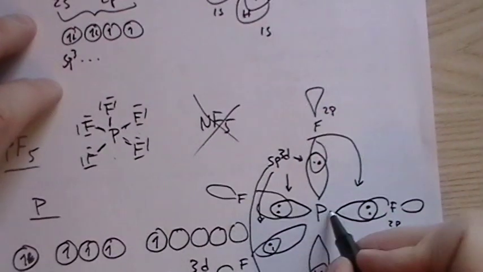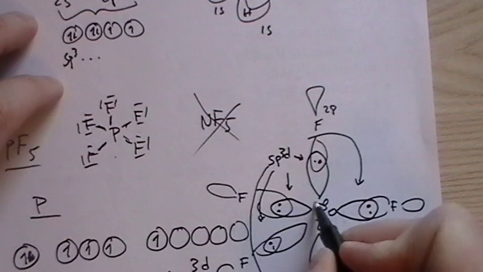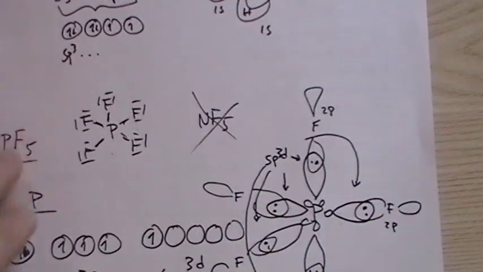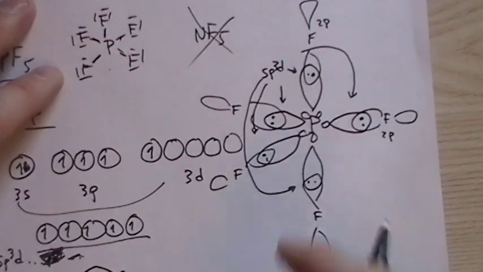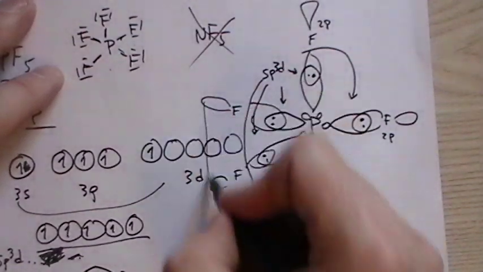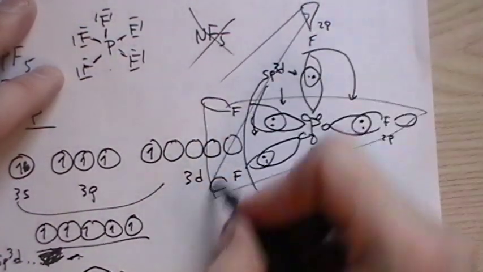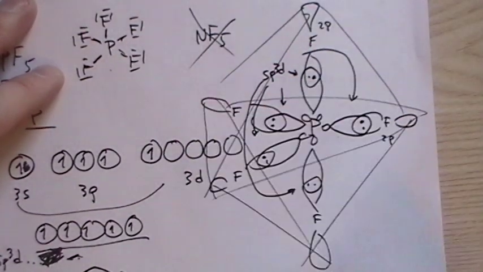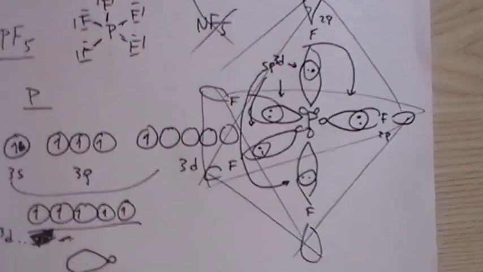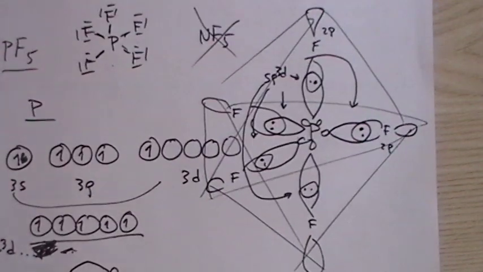Well, we could put that in, but it'd be kind of messy, so we like to leave that off, but that's the structure. If you want to show the geometry a little bit better, you can connect things. Might make it messier, but there we go.